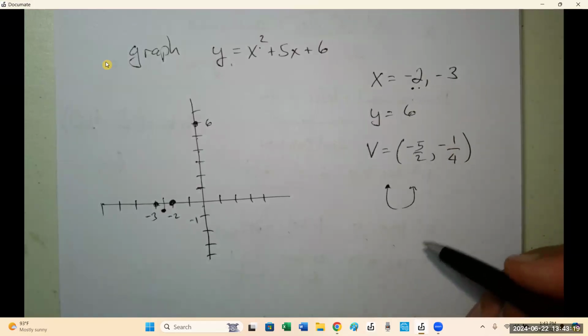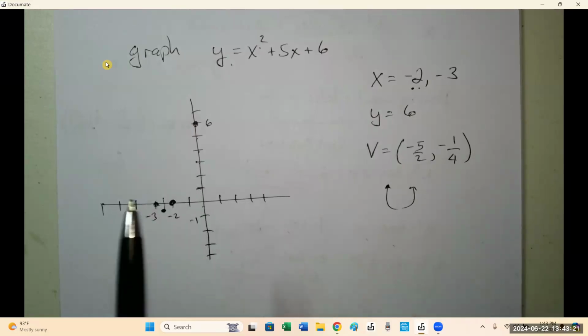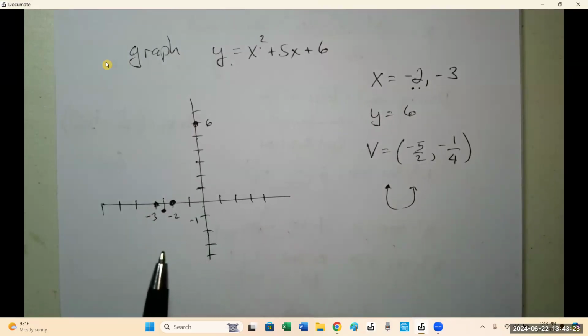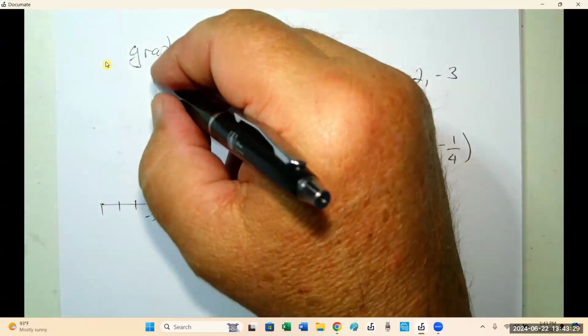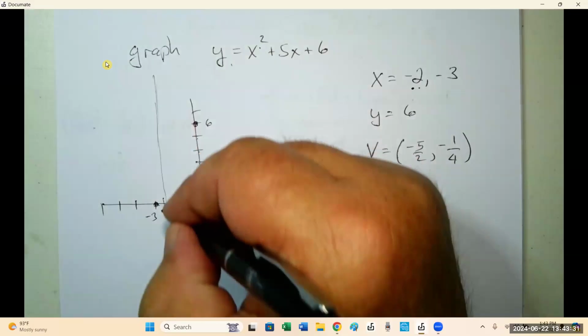Now we need another point. Because quadratic equations are symmetric, they're symmetric about this point here, the vertex.